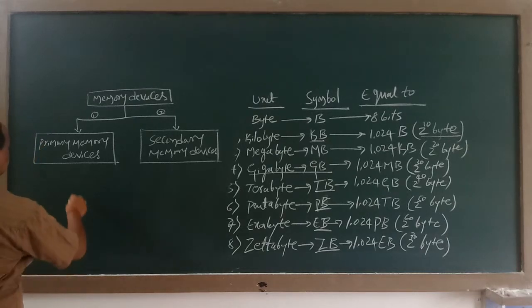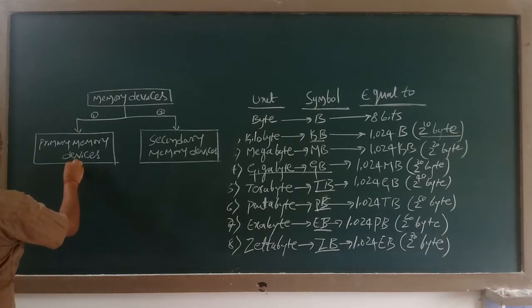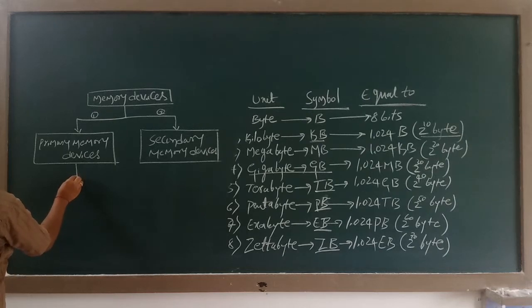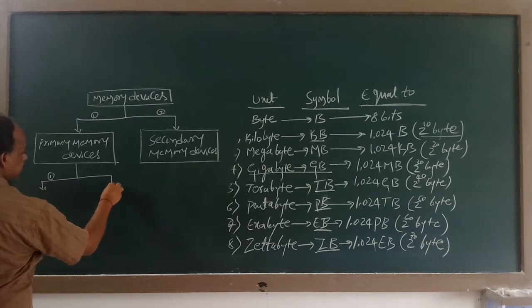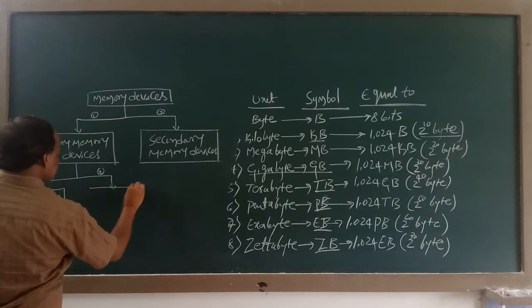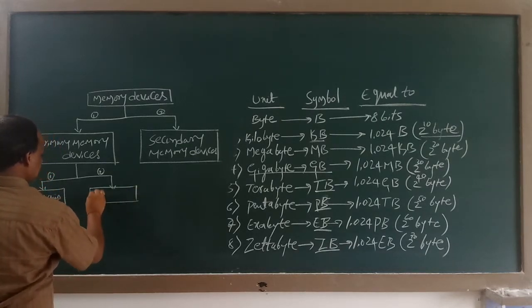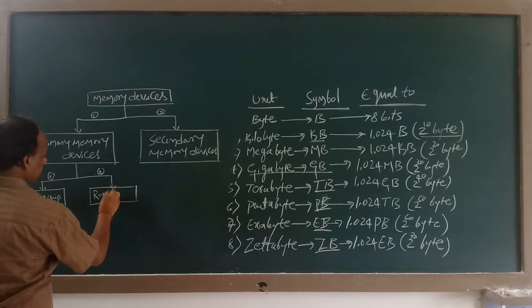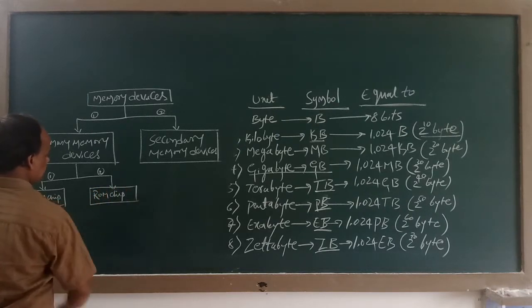And primary memory devices are again classified into two types. First one is RAM chip, second one is ROM chip, right?